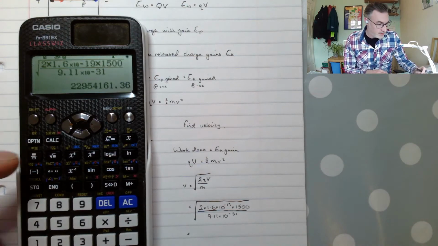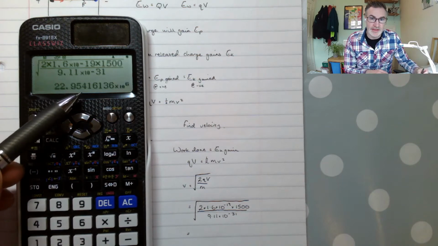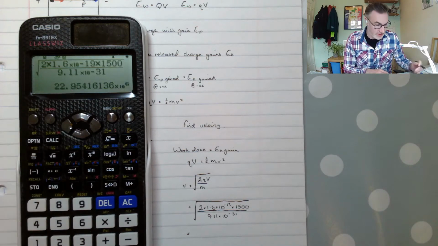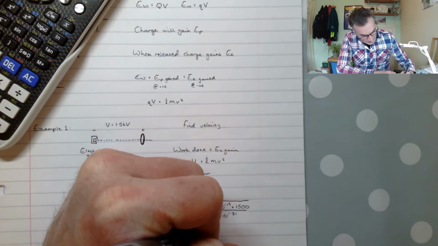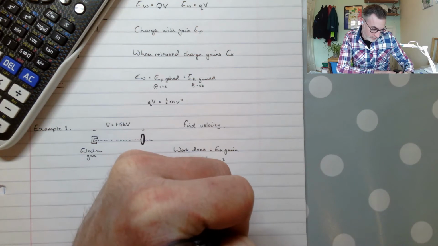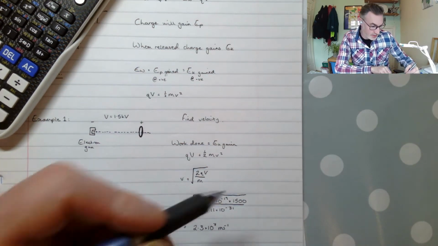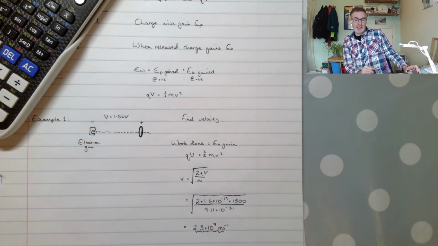And so that works out to be 2.295, so let's call that 2.3 times 10 to the 7 meters per second.